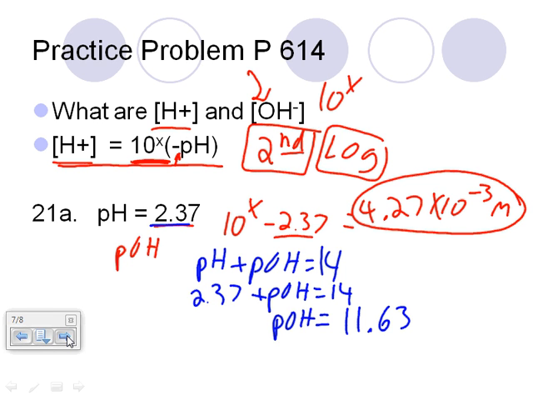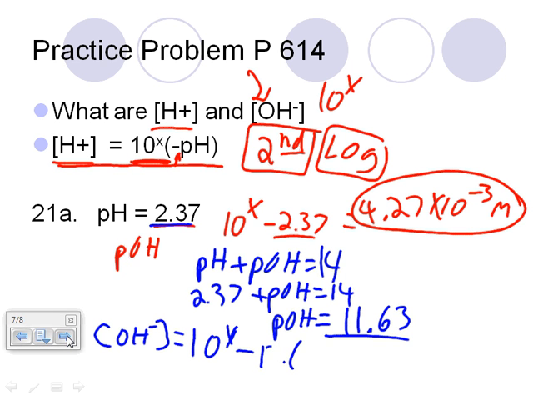11.63. And now we can figure out the concentration of OH minus, because it's going to be the inverse log, 10 to the x, of the negative pOH, 11.63.